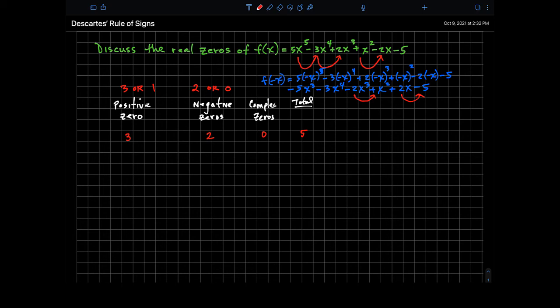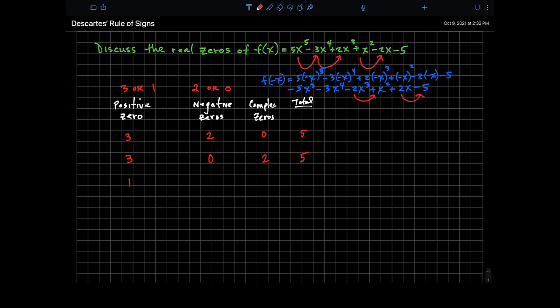Now, if there is no negative zero, I'm going to run the table with 3 positives again, but now no negatives. So now we are lacking in real zeros, and the other 2 would be complex zeros. That will total 5. All your totals should equal the degree. Now that I've covered the 3s, we'll look at one positive zero.